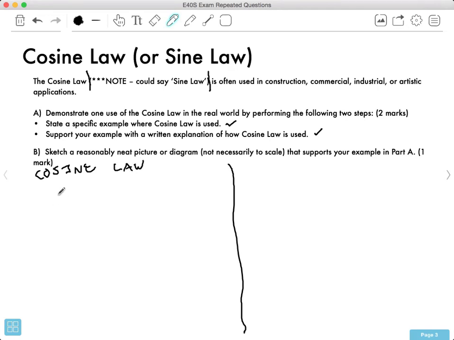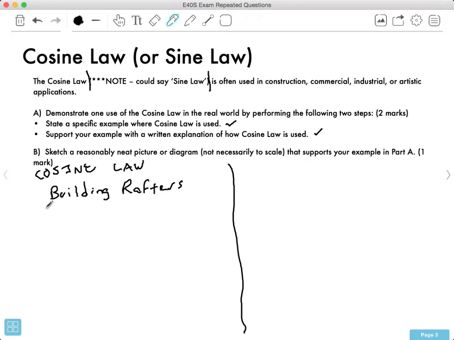Okay. The example I'm going to give is building rafters. And you have to forgive my printing. It's not that great on this little computer thing. For a house, a rafter is the pieces of wood that hold up the roof.